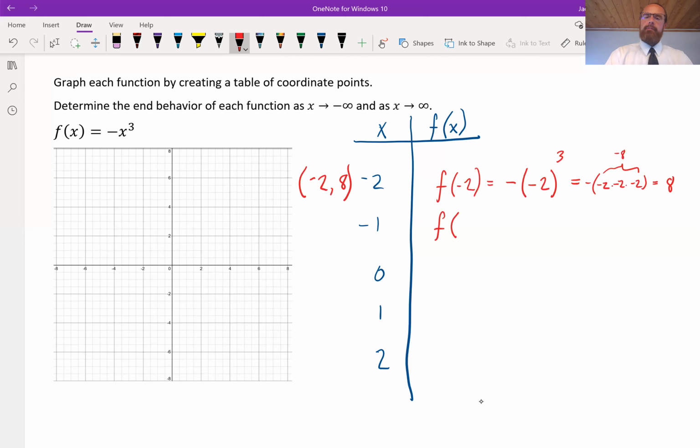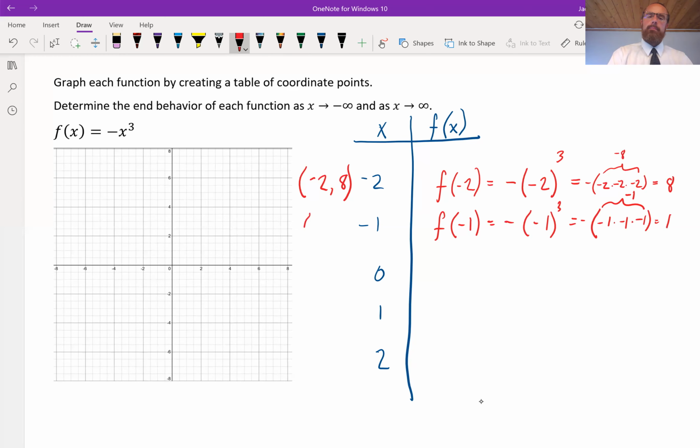We'll keep going. F at -1 is negative parentheses -1 cubed, which again is negative on the outside, and then 3 negative 1s multiplied. So the negative 1s on the inside, -1 times -1 times -1 will give us a -1. And then the negative on the outside makes that positive.